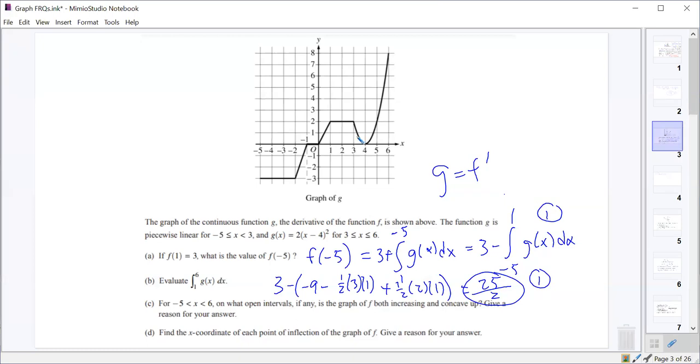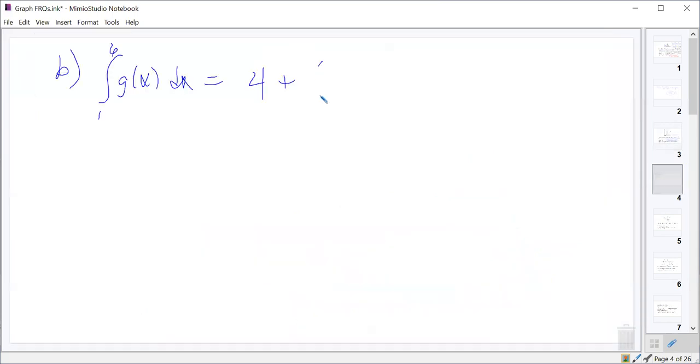And then the second part is the integral from 3 to 6 of the function they gave us, right? What was it, 2 times (x minus 4) squared? Yeah. And so we'll just integrate that function. This is a u-sub, right? u equals x minus 4, but du is just dx. So really, you can just use the power rule on this one.